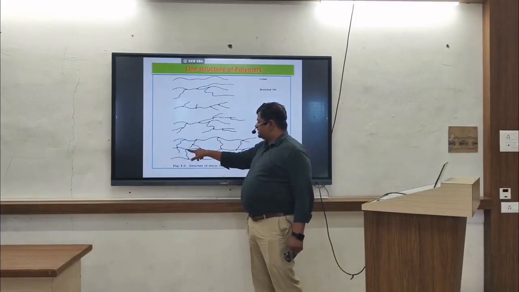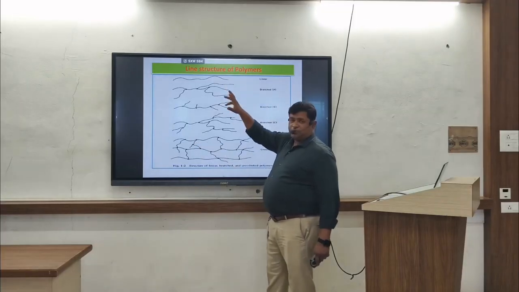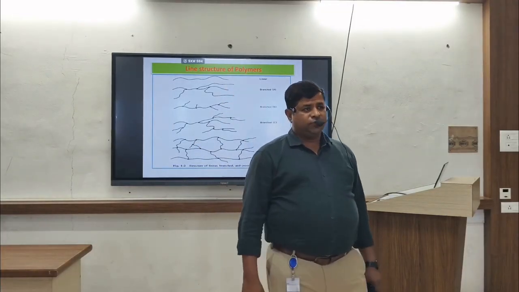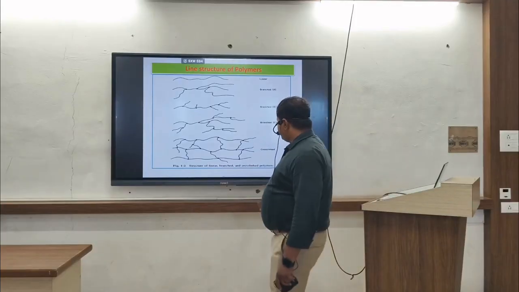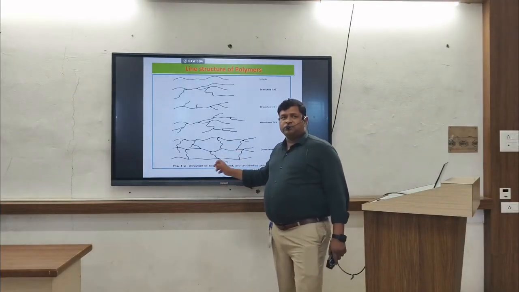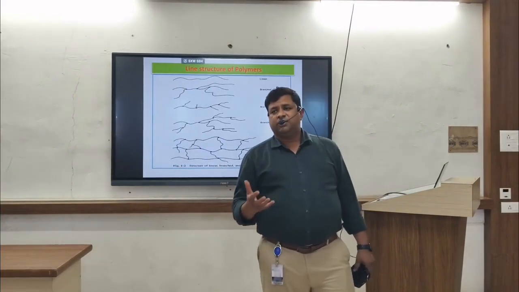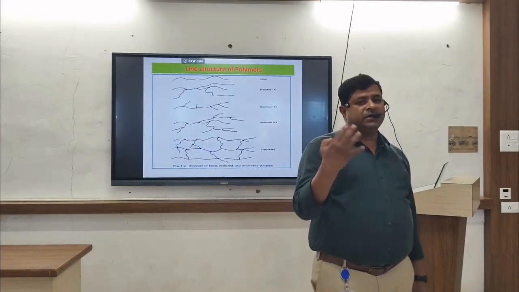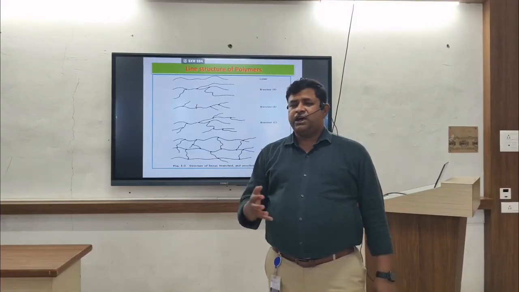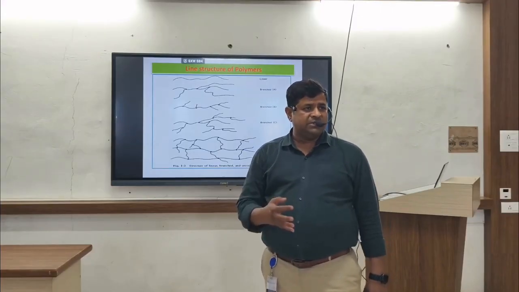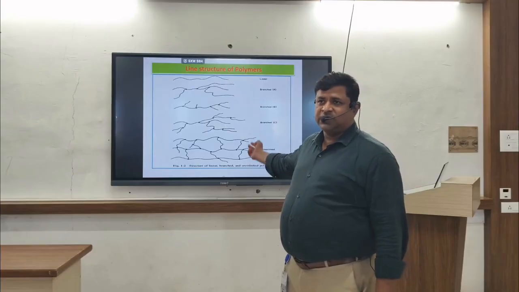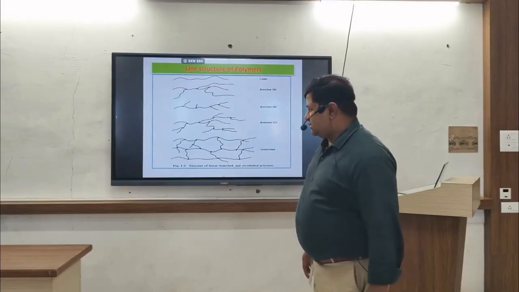In chain polymers, the forces between the monomers are van der Waals forces, and in the cross-linked one these are covalent bonds. Covalent bonds are stronger than van der Waals forces, which is another reason for the greater hardness and tensile strength of cross-linked polymers as compared to chain polymers.